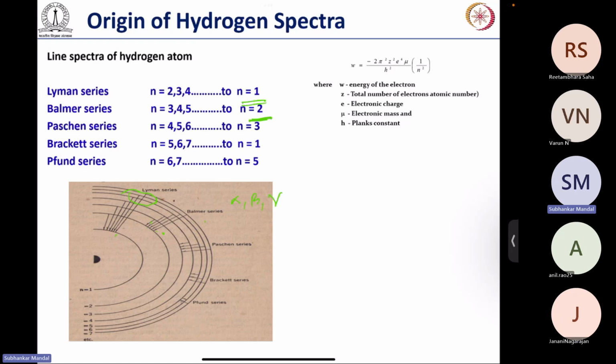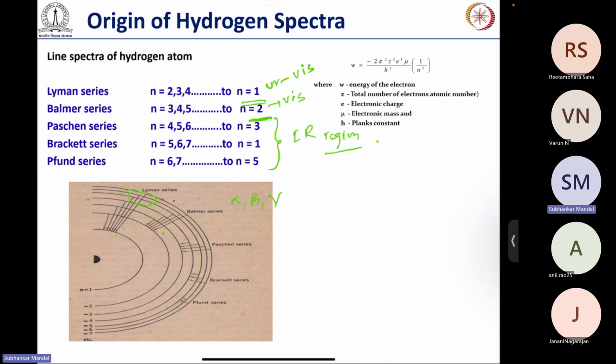The Lyman series is in the UV region, the Balmer series is in the visible region, and all the others are in the IR region.